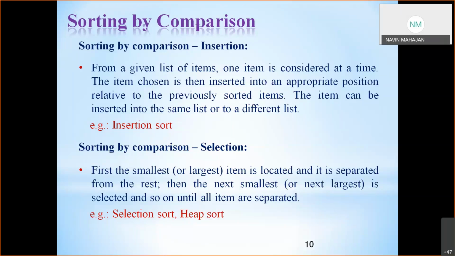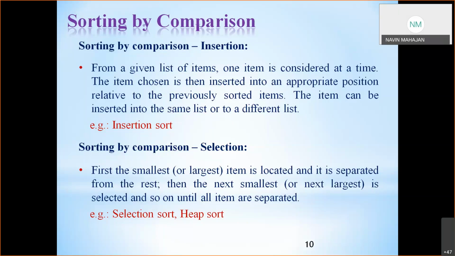Now what we do here, in a list, is first find the smallest element or the largest element and keep it in a position. Suppose we want to do ascending sorting. Then we find the smallest element and place it in the first position. Then for the remaining elements in the list, we again apply the same technique.